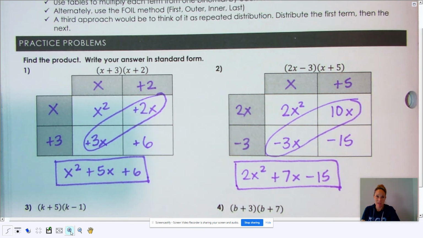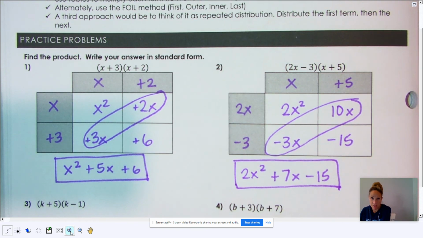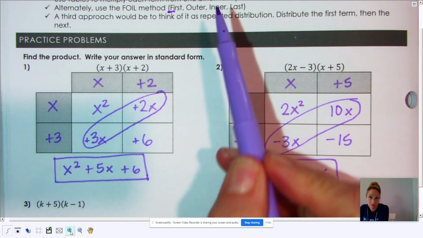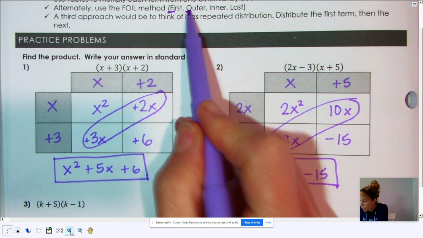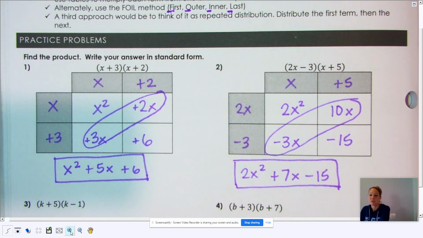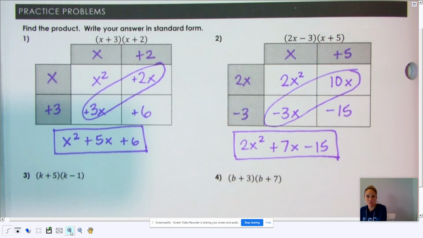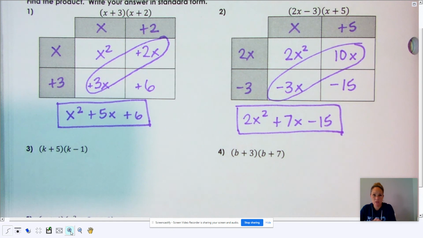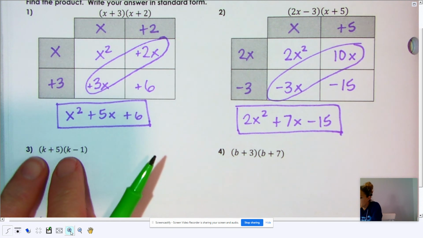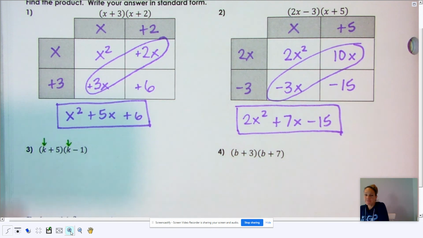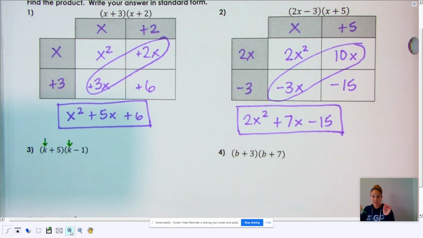The next method is what we call the FOIL method. And if you guys look up here, FOIL is an acronym for first, outer, inner, last. Okay, so now if we're looking at this, we're going to go to the next problem. I'm going to switch colors just so you guys know we're switching over to a different method. So I'm going to look at the first, these two, the first term in each of those binomials.